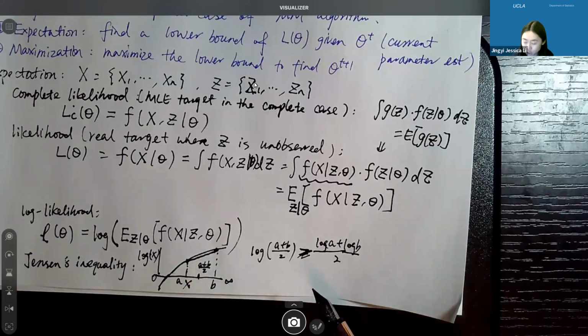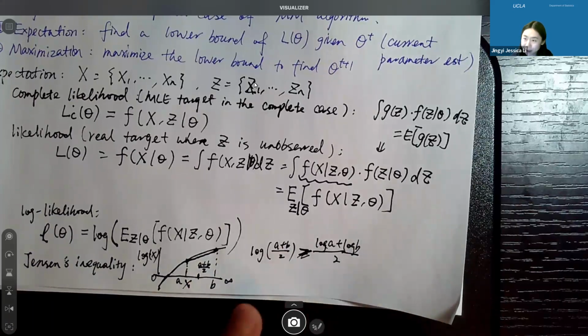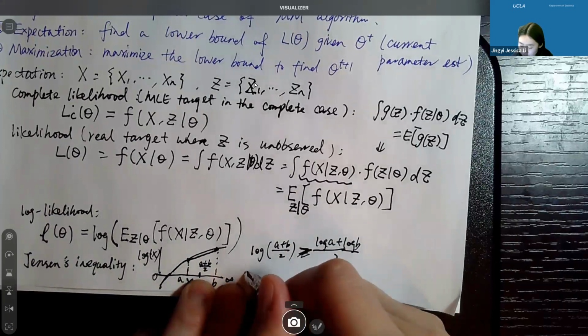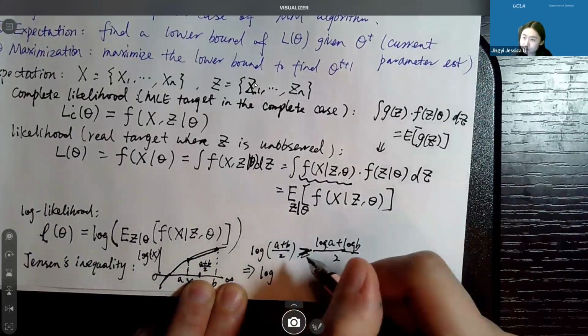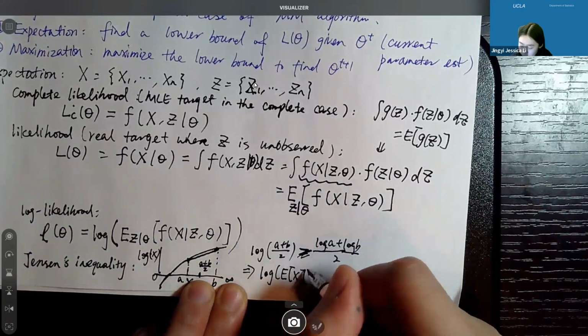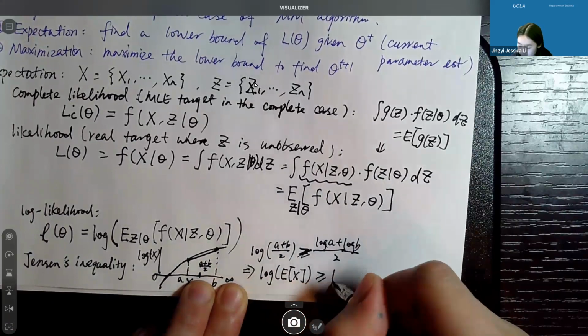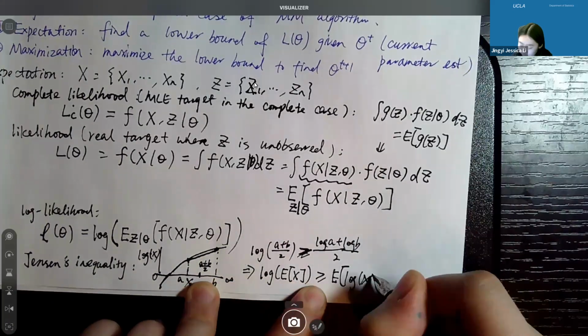With this intuition, you can replace the average by expectation. Jensen's inequality basically says that for a random variable x, the log of the expectation of x is greater than or equal to the expectation of the log of x.